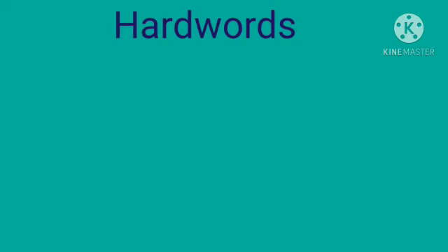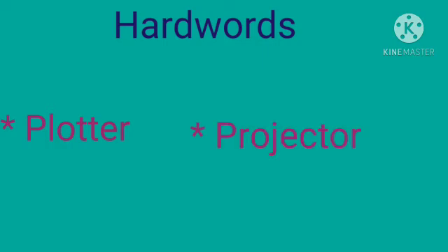Now we will learn hard words of this lesson. Plotter. It is a device much like a printer that is used for printing. It can work on very large sheets of paper. Next word is projector.